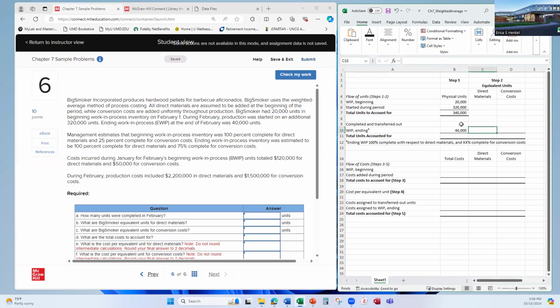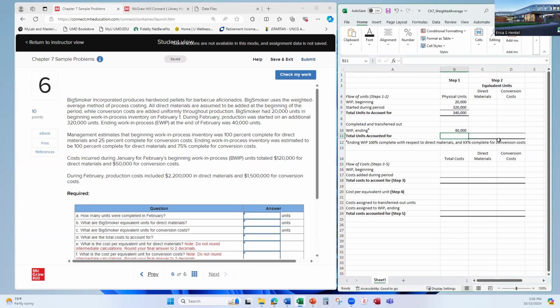And so if we're accounting for 340,000 units, and we know that there was 40,000 left at the end, we can extrapolate. The amount that we have accounted for has to be the same as what we need to account for up here.